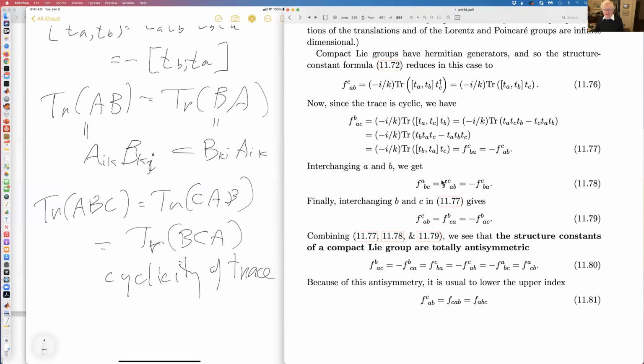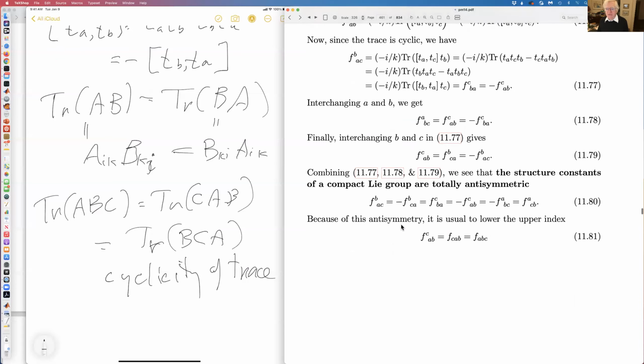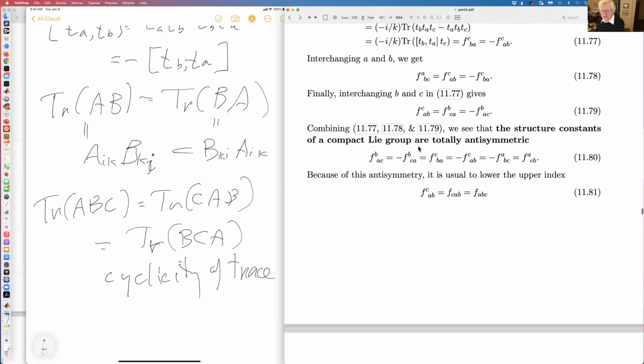And so now we've got that if you interchange A and B, you get this relation. Interchange B and C, you get that relation. And the upshot is that the structure constants of a compact Lie group are totally anti-symmetric. So we have all of these relations. And what people normally do, or sometimes do, is they just drop the index C and put it here or there.